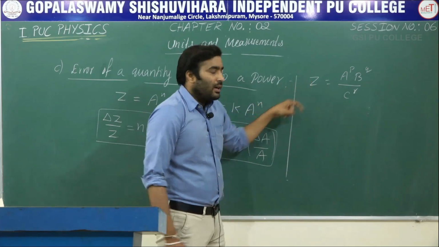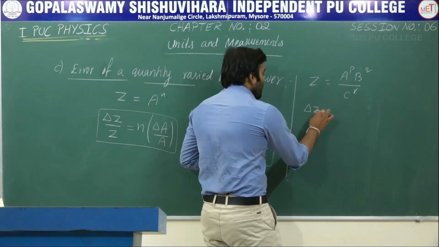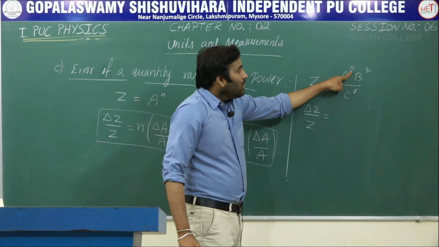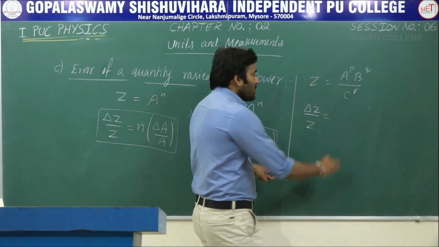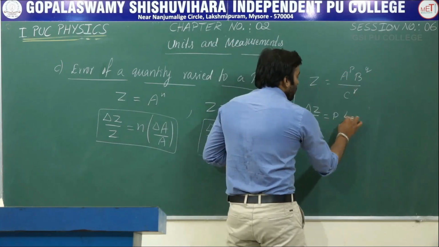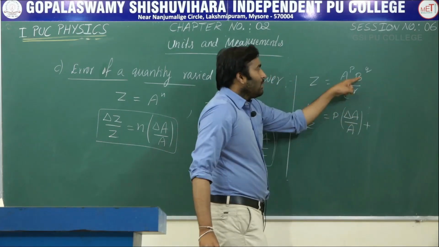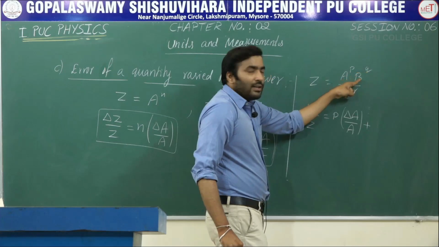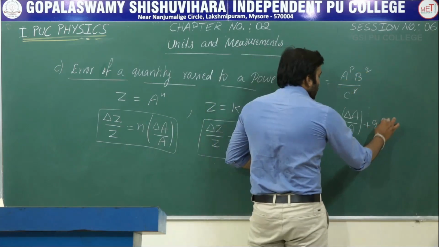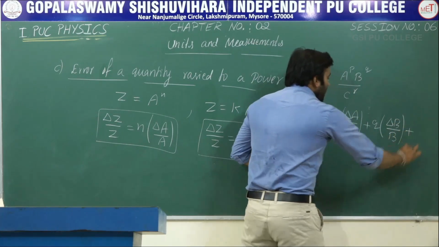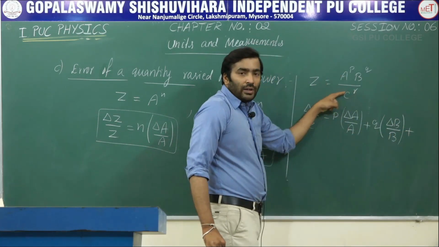Delta z by z will be equal to power into relative error of a. So the power p into the relative error of a, that is delta a by a, plus here q into delta b by b, q into delta b by b, plus this r into delta c by c.